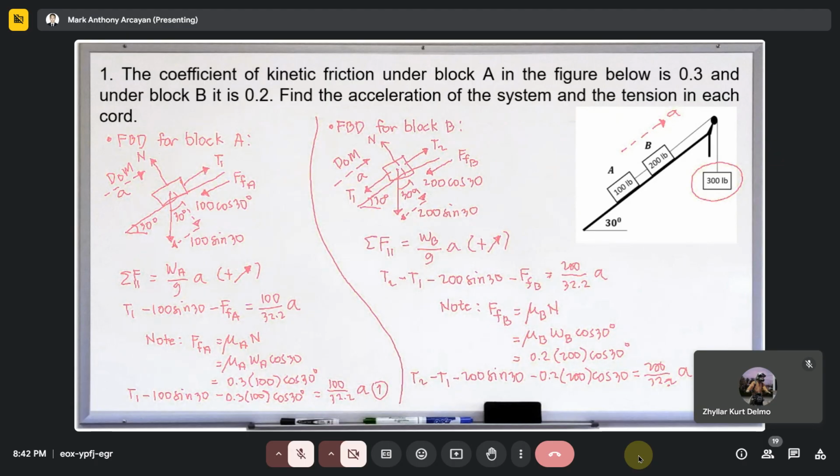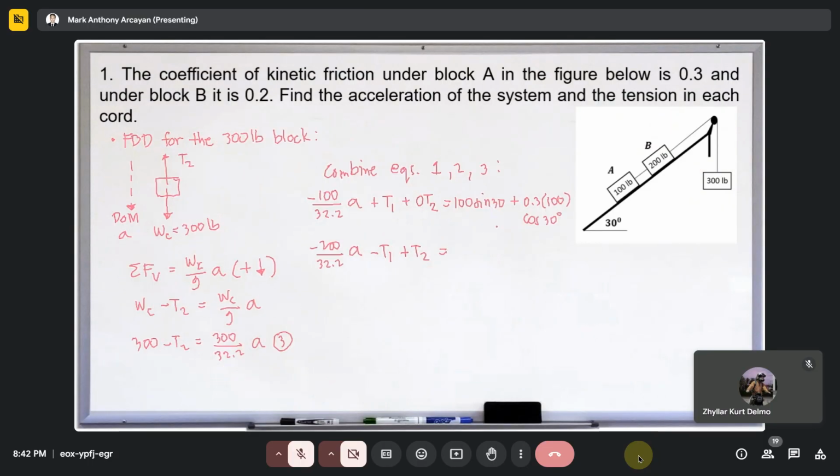Here, we transpose the two constant terms to the right. We have positive 200 sine 30 plus the frictional force, that's 0.2 times 200, then the cosine of 30 degrees.